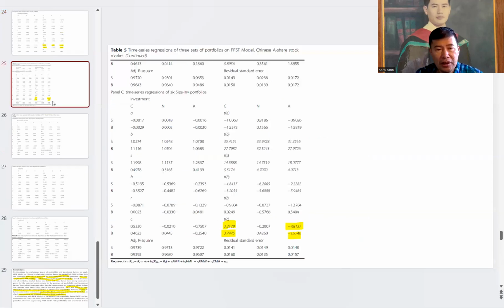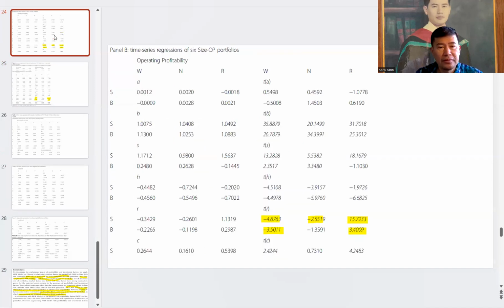And what about this one? Take a look at this one. All of these are negative, but these are positive over here. What about the significance? No. This one we can see one over here for profitability itself, only one.